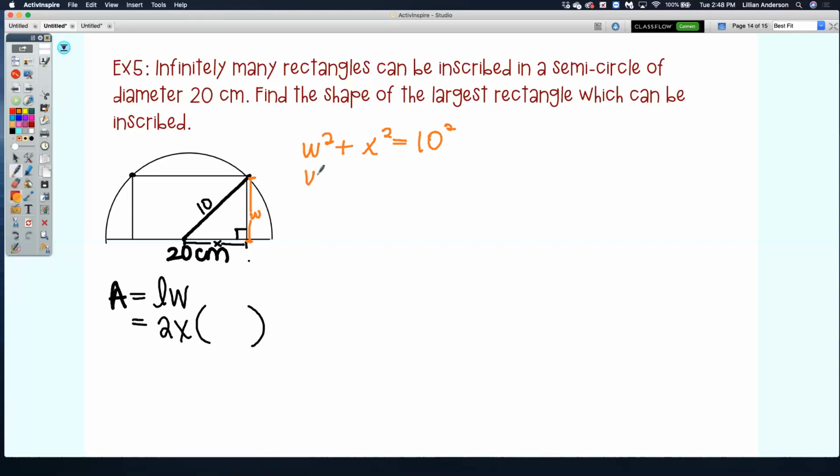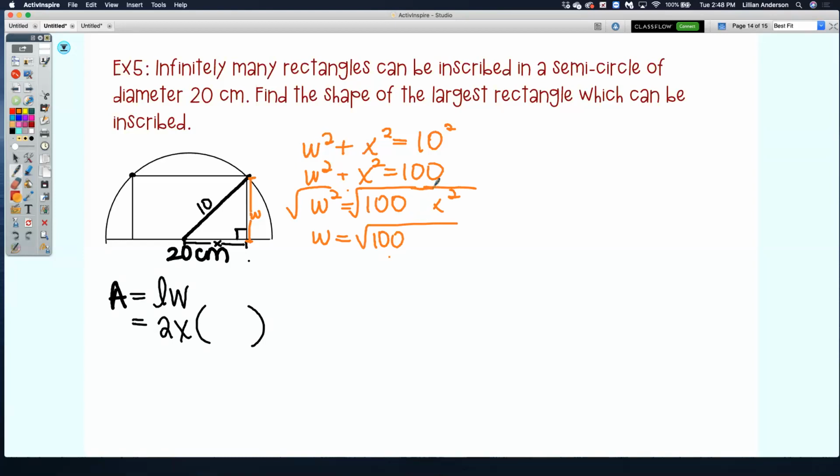This will give me w squared plus x squared equals 100. If you can rewrite it so that it's in terms of another variable, then you will be able to get it. Would it be subtracting it? It would be, thank you.